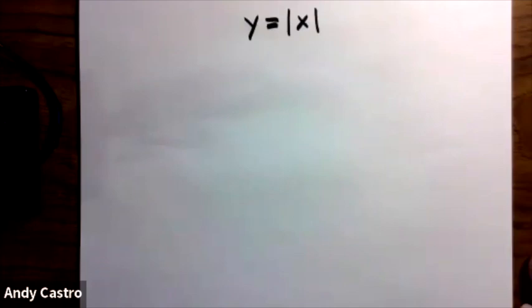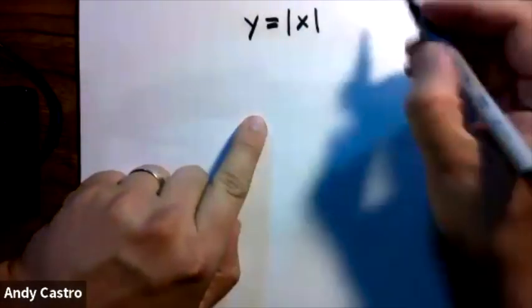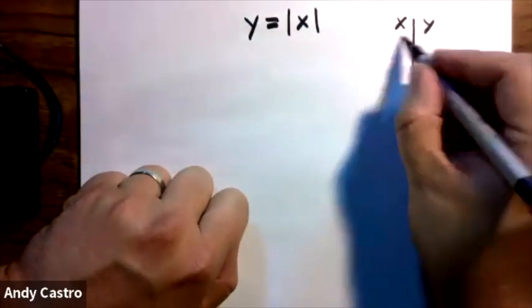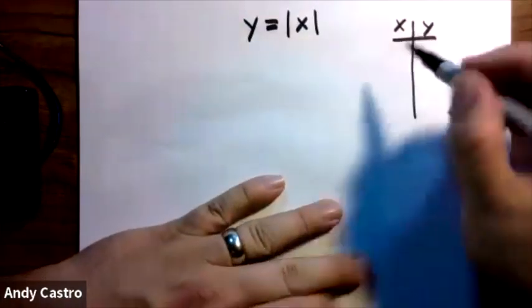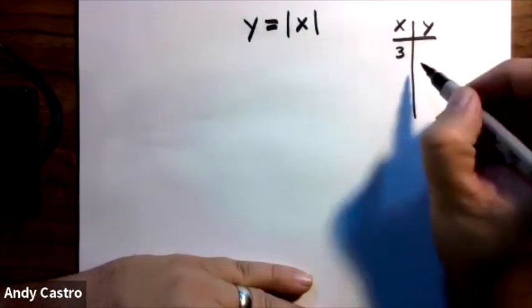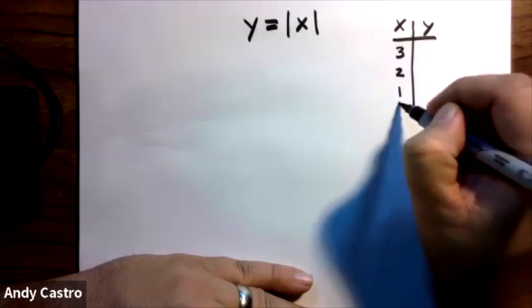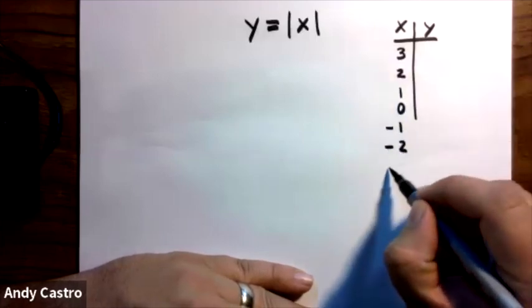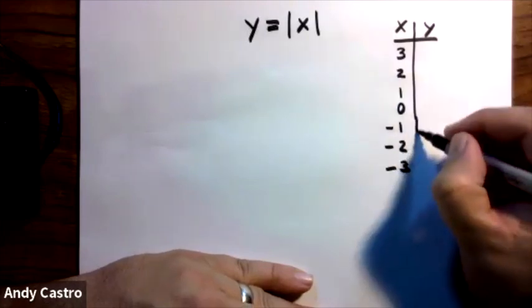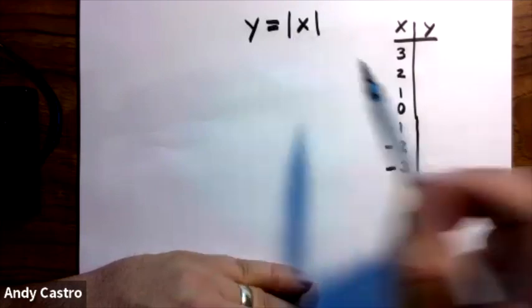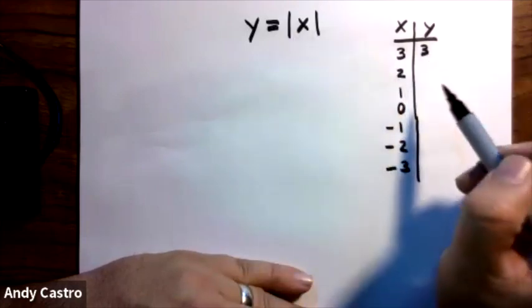Now from here, let's just draw a little xy table here. I can plug in 3, 2, 1, 0. Then let's also plug in -1, -2, and -3. If I plug in 3 for x, the absolute value of 3 is 3.